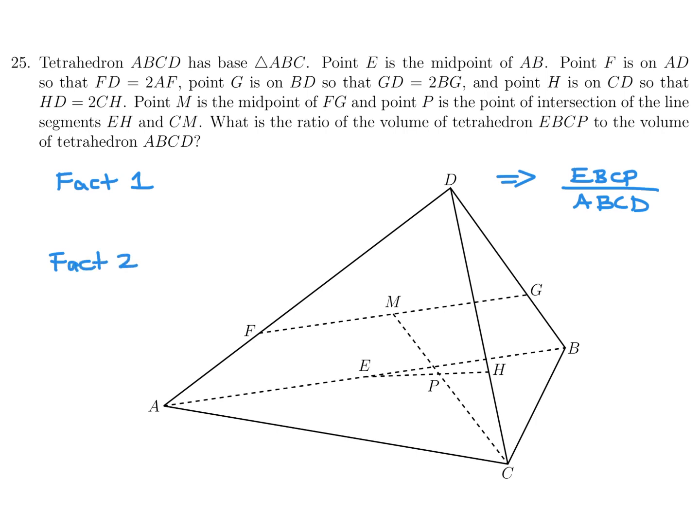So fact 1 is that the tetrahedron EBCP has the base EBC, right? EBC is its base.